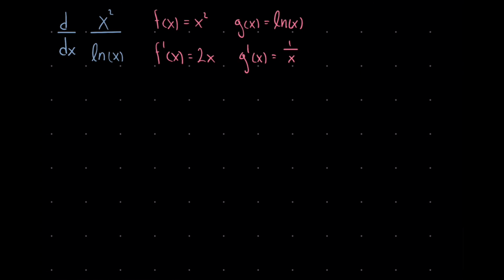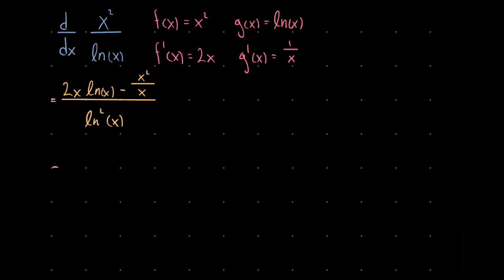And so now using that and the quotient rule, in our numerator we'll have f prime x times g of x, so 2x times ln of x, and this is going to be minus f of x times g prime x, so we have x squared times 1 over x, and this is divided by ln squared of x.